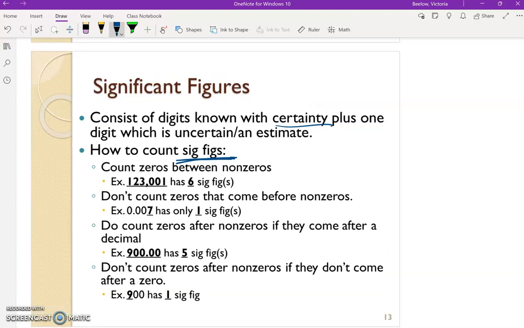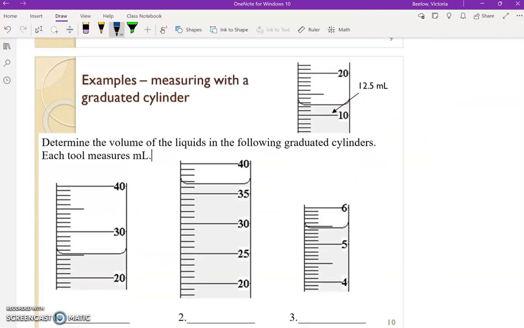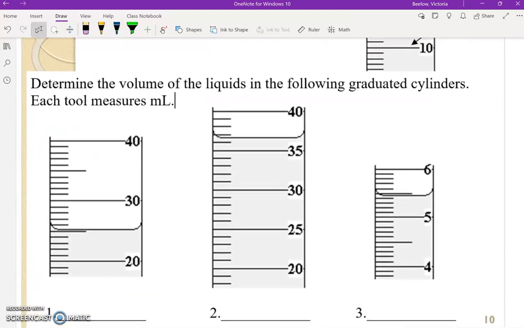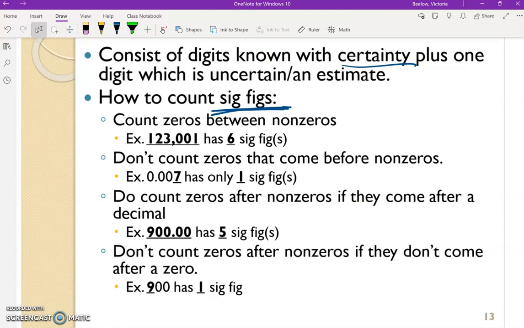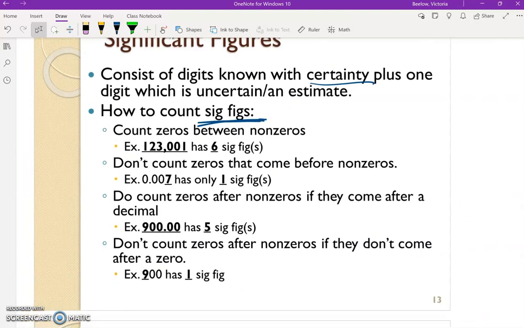So when you were doing measurements like these, okay, in the classroom, even here in your notes, there's only so much accuracy that we can go to, okay? So that's where we're going to talk about sig figs and how to count them, which ultimately will help you with writing them.